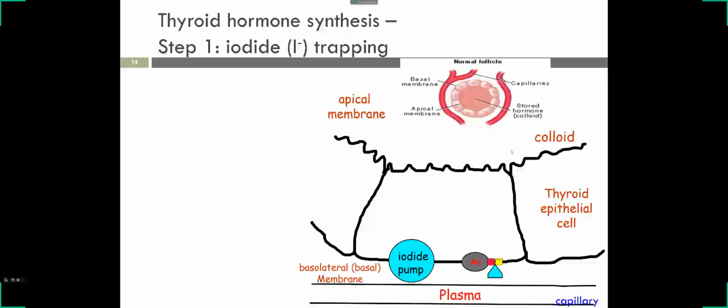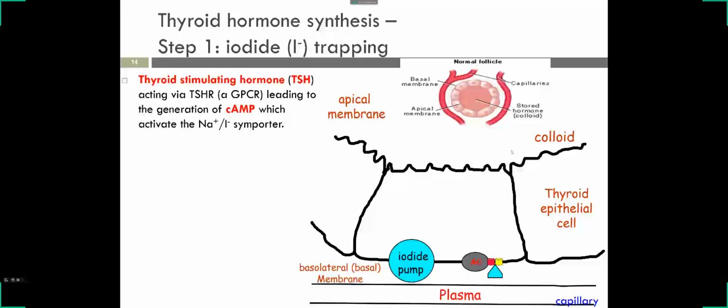What's the trick, and what's the trigger for bringing in iodine? Well, first, we have input from thyroid stimulating hormone. This acts by a thyroid stimulating hormone receptor, which is a GPCR. It leads to the production of cyclic AMP and all those steps we learned about in the first lectures.